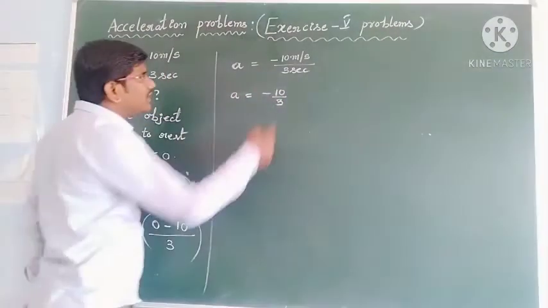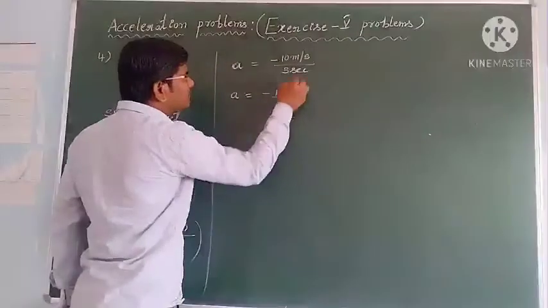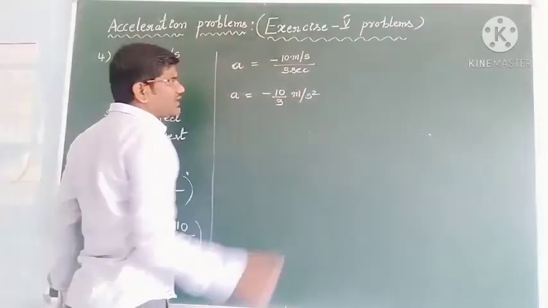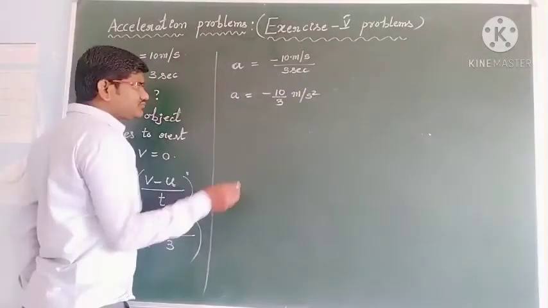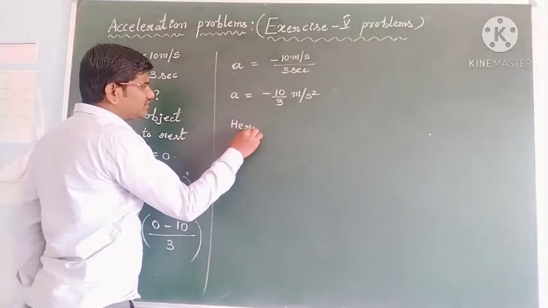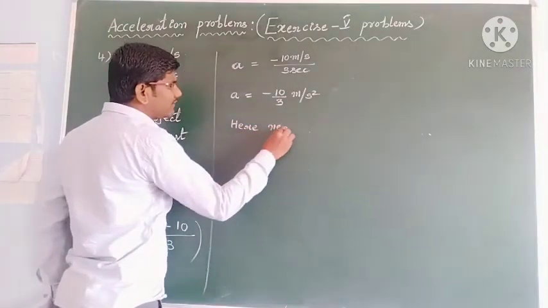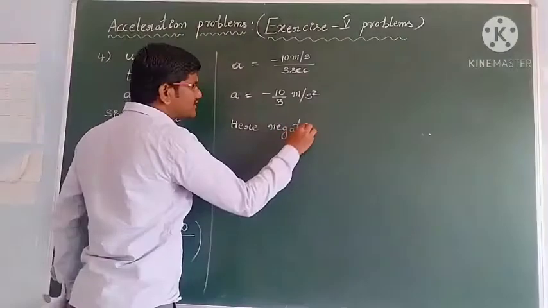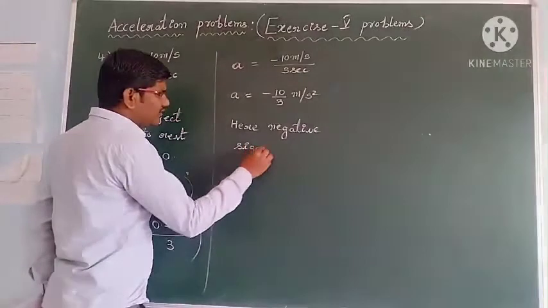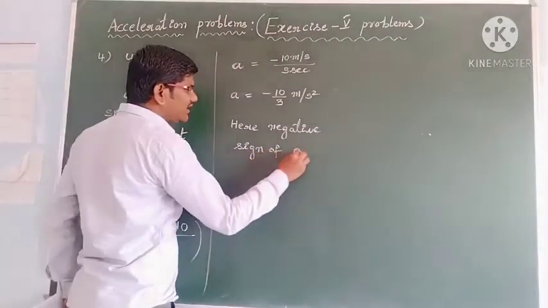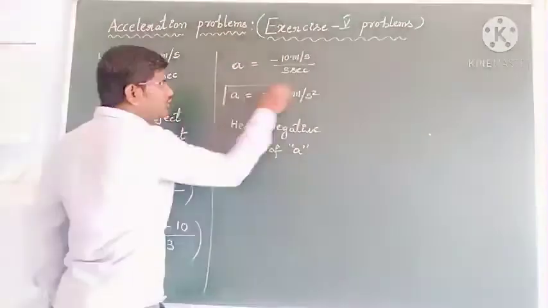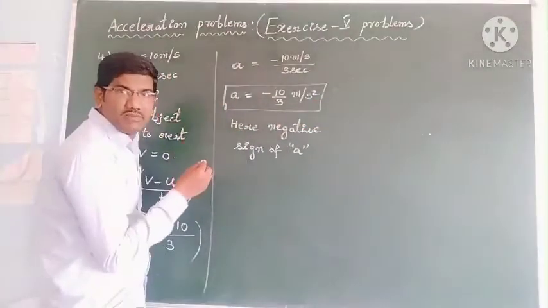Minus 10 meters per second, divided by time, 3 seconds. So a is equal to minus 10 by 3 meters per second, and again per second, that is meters per second square. And here is the negative sign of a. We got a as minus 10 by 3 meters per second square.